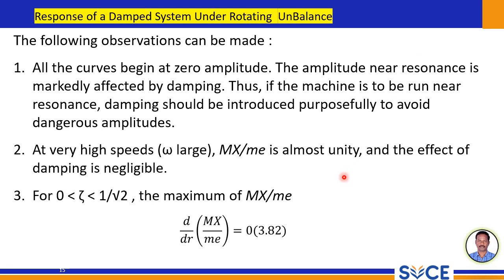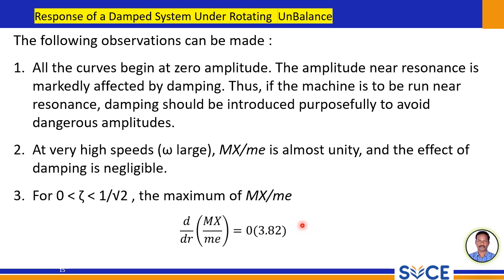This implies that at high operating speeds, the unbalance itself dominates the vibration amplitude and the system's inherent damping has little impact. Finally, let's look at the third observation for damping ratios less than 1 by root 2. There is a specific frequency ratio where the amplitude ratio reaches its maximum.